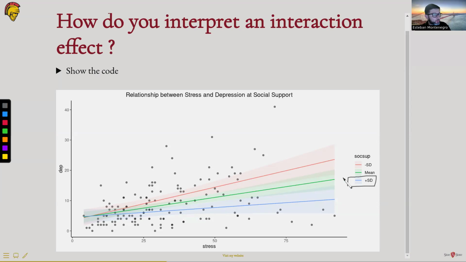And we also analyze how the relationship between stress and depression looks like when people have an average score on social support. And also we are able to analyze when people have a lower score in social support. What happens with their relationship when their social support is less, right? So let's take a look at this plot.